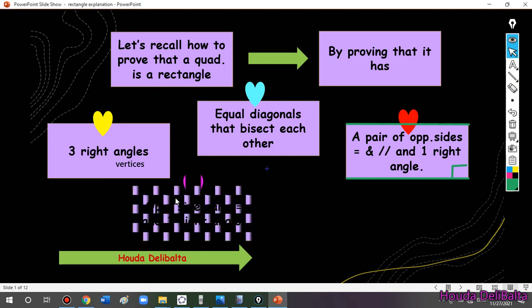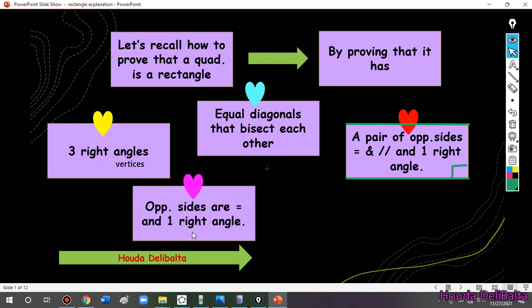Now also I can choose opposite sides, but I need to prove them only equal, not equal and parallel, and one right angle. So either I choose a pair of opposite sides to prove them equal and parallel plus one right angle or vertex, or I just choose the opposite sides, those together and those together, and prove them equal plus one right angle.